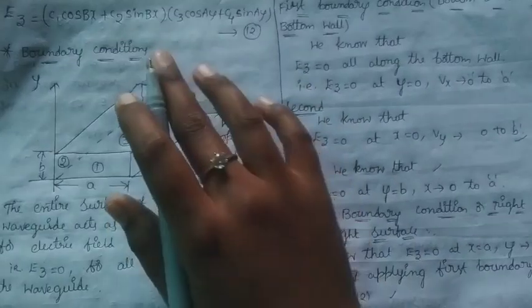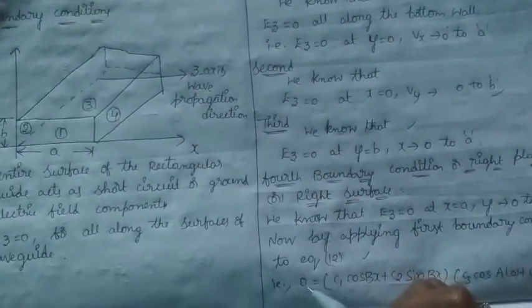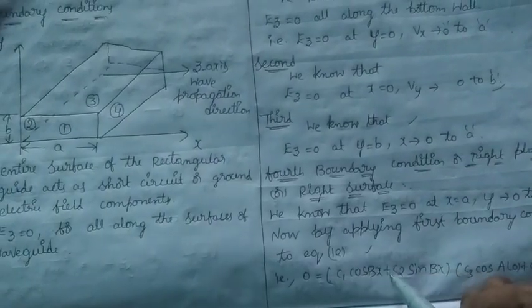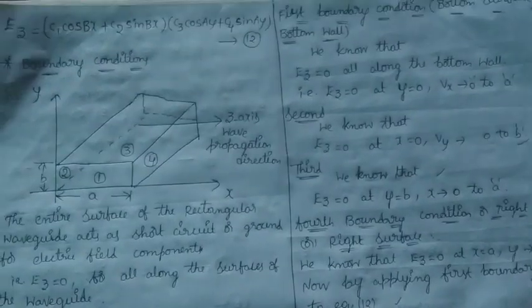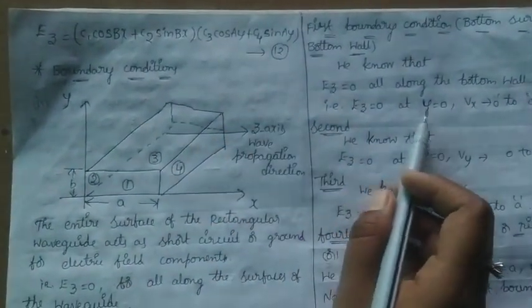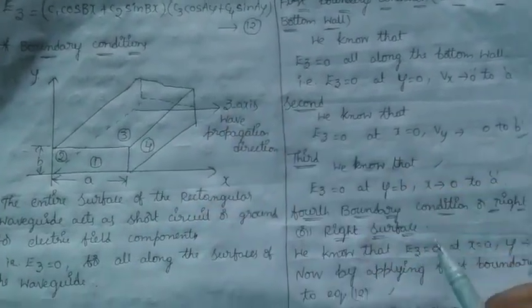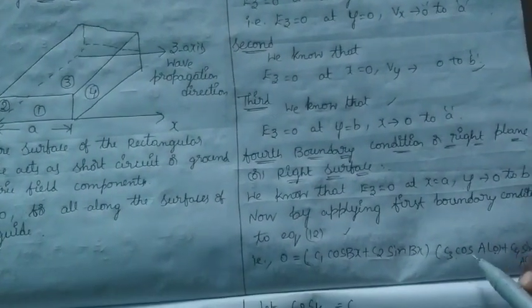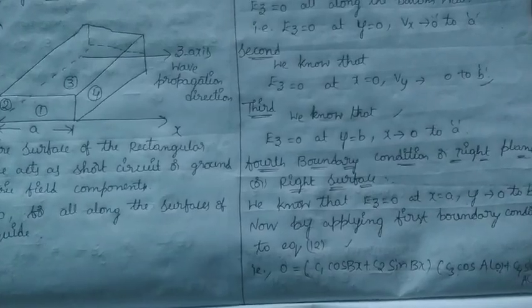Because Ez is equal to 0, in the place of Ez we write 0. So 0 is equal to (c1 cos bx plus c2 sin bx) into (c3 cos a(0) plus c4 sin a(0)). Why do we write a(0)? Because y is equal to 0 in the first boundary condition, so in the place of y we simply place 0.